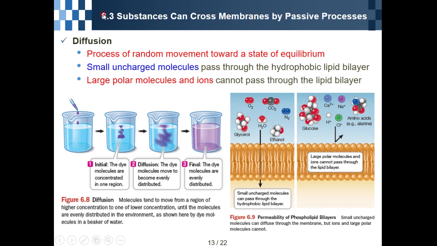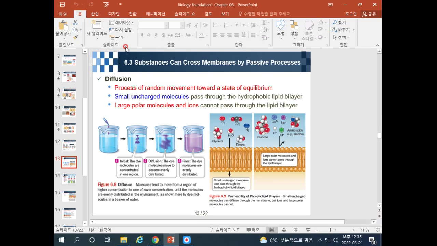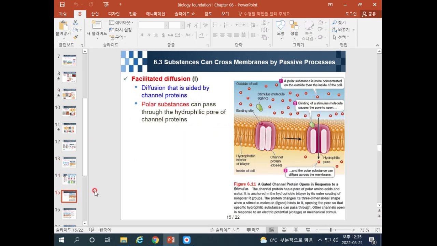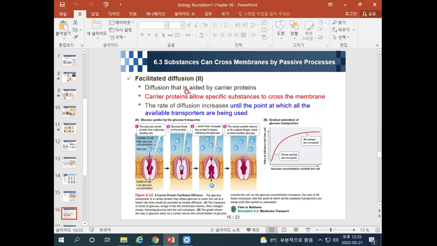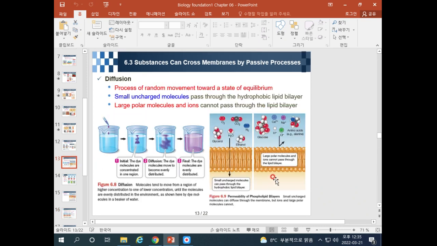Now we will cover the third subject. Substances can cross the membrane by passive processes. First one we call diffusion. Next we will cover facilitated diffusion. First one is diffusion.